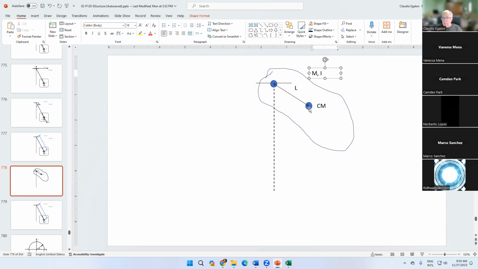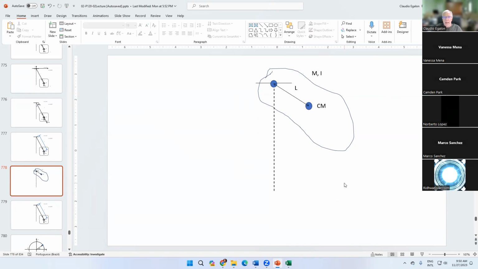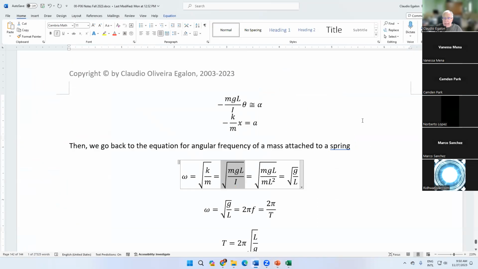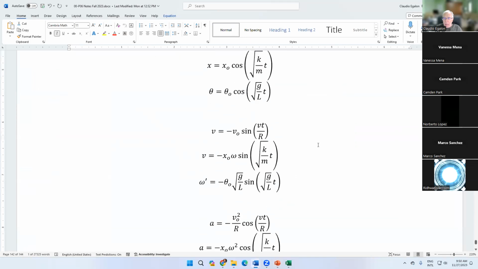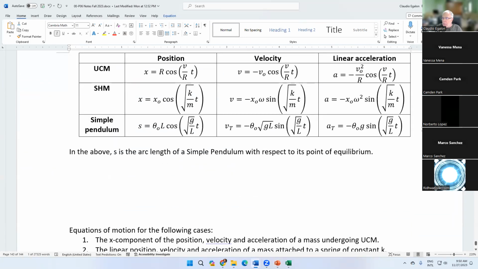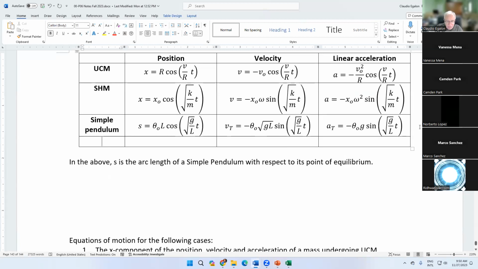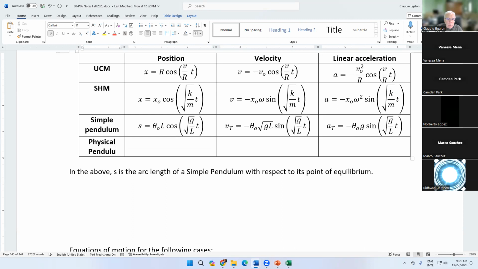And here we're going to have my weight applying a torque to this rigid body. And now I can add one more equation to my table. Instead of simple pendulum, I'll write down physical pendulum. The equations are going to be very similar.